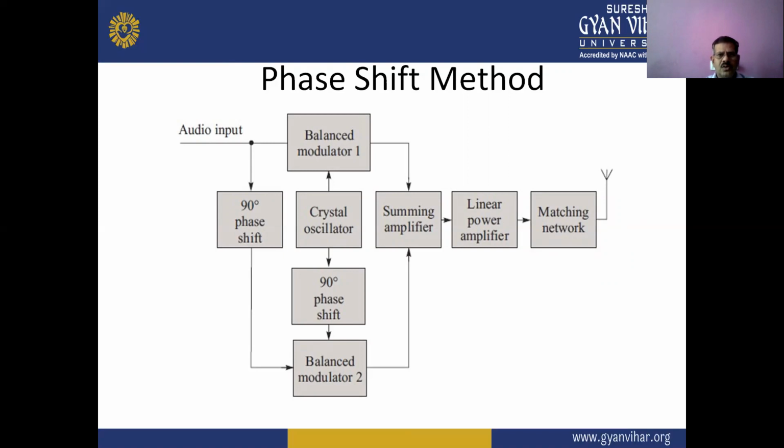And there are two balance modulators, and one crystal oscillator. The outputs of these balance modulators are summed in the summing amplifier, and the output of this summing amplifier is applied to the linear power amplifier. That linear power amplifier output is applied to the matching network, and this matching network transmits the signal in free space with the help of the antenna.